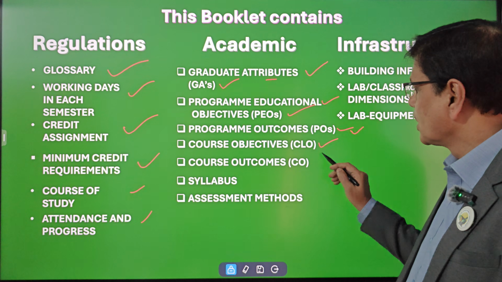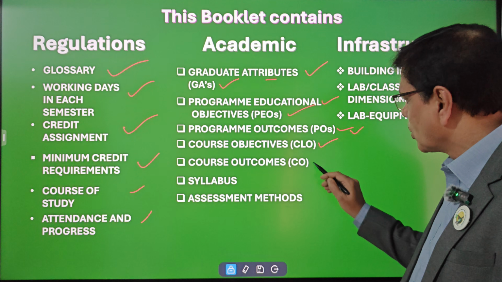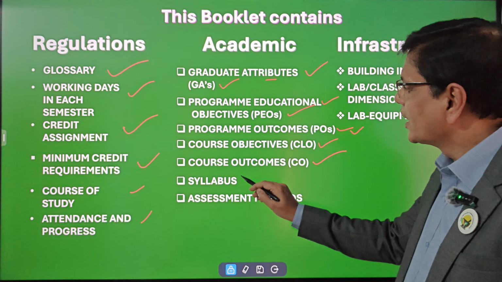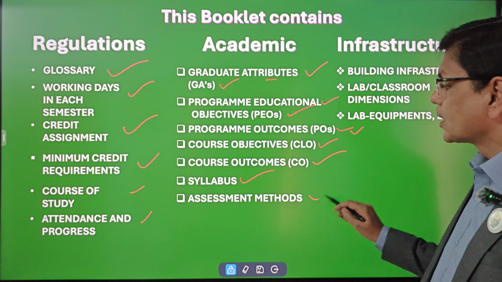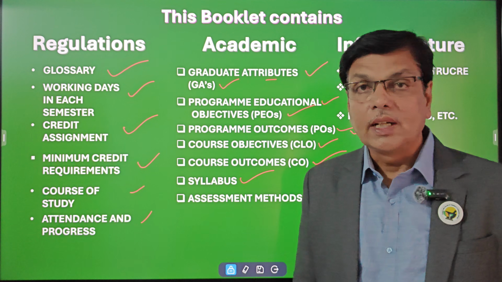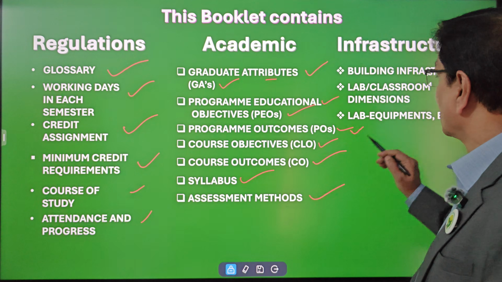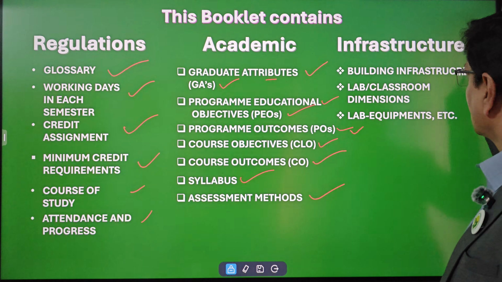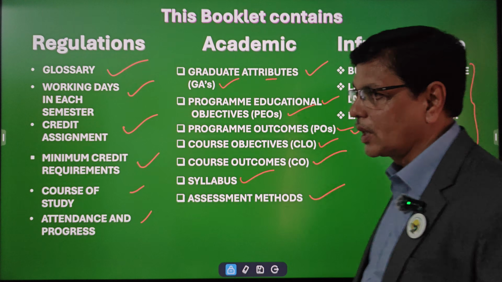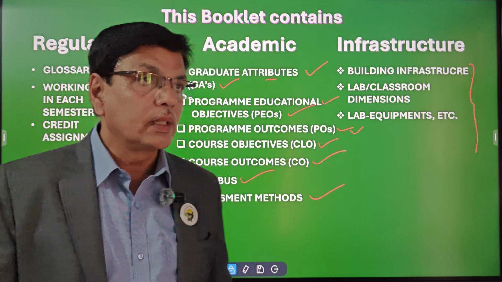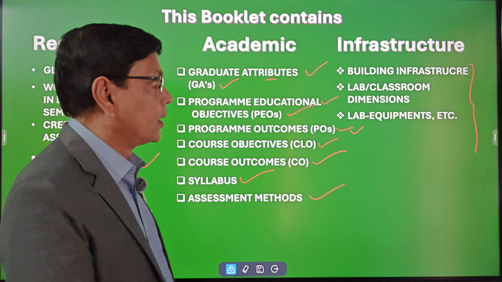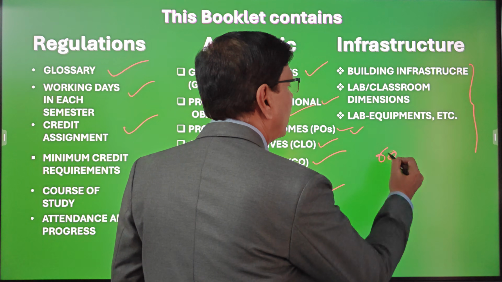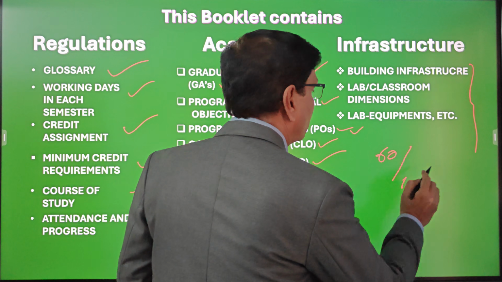There are also course learning outcomes, course outcomes, a detailed syllabus, and assessment methods for both internal assessment as well as end semester examinations. They have also mentioned the requirements to run the B Pharma program, whether it is a 60 intake or a 100 intake program.